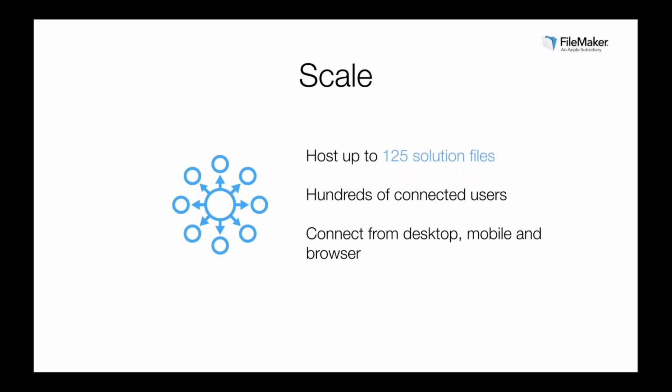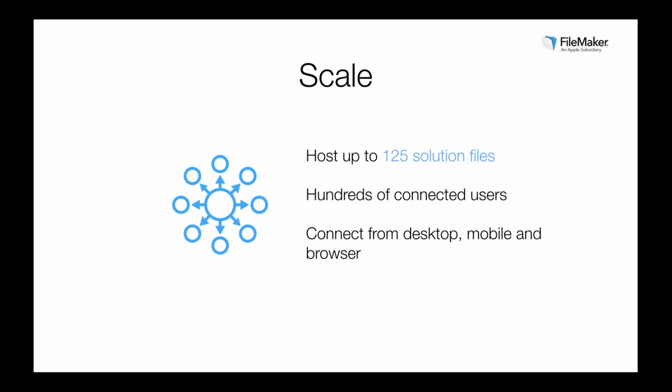Another thing I need to ask myself is, how is my business going to be impacted if our solutions can't grow with us? And this is where scale comes in. I need to make sure that no matter how successful we are as we grow, our systems can keep up with us. Both FileMaker Server and FileMaker Cloud can have up to 125 solution files or custom apps hosted at any given time.